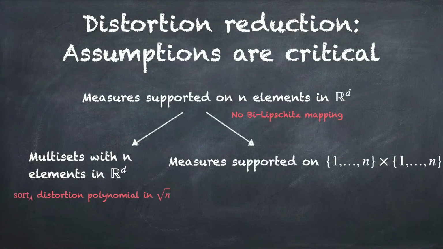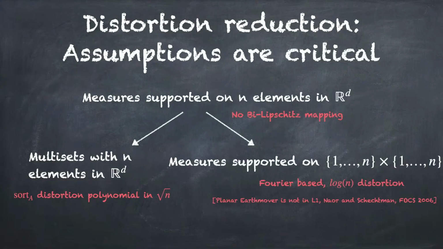On the other hand, there's a different setting where you have measures supported only on a grid. It's a subset of this, and it's incomparable with that. And in this setting, there's a pretty well-known paper that shows that you can get a distortion of log n, which is optimal up to a factor or something.